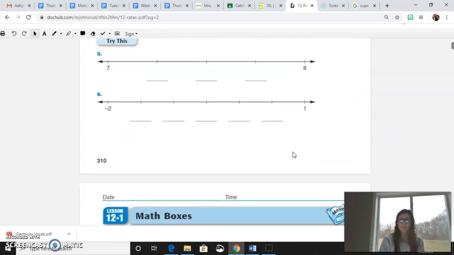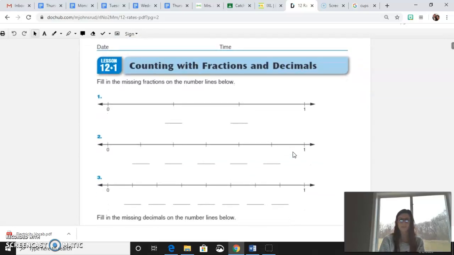All right, so on page 310, you should have counting with fractions and decimals. It says fill in the missing fractions. Remember, from 0 to 1, you need to count how many spaces you skip. So if I start at 0 and I go 1, 2, 3, it's going to be written in thirds.